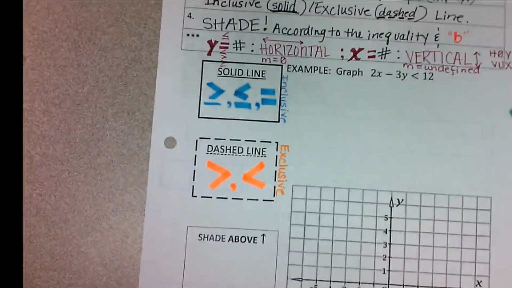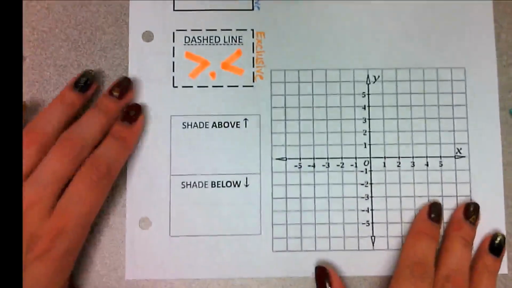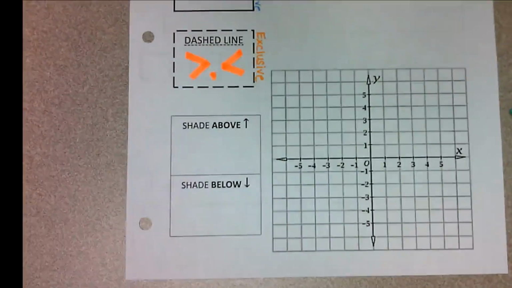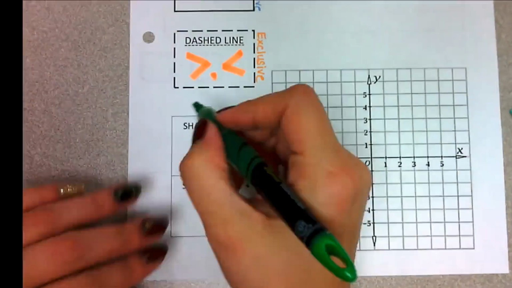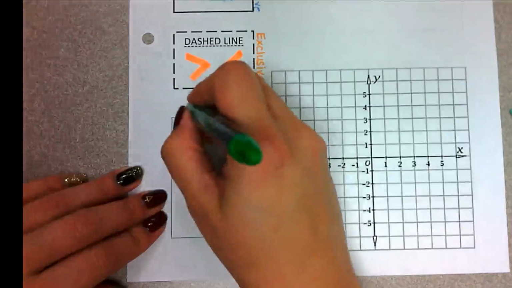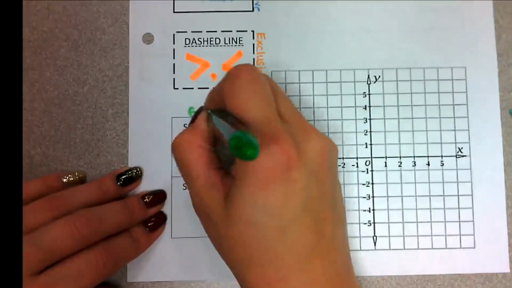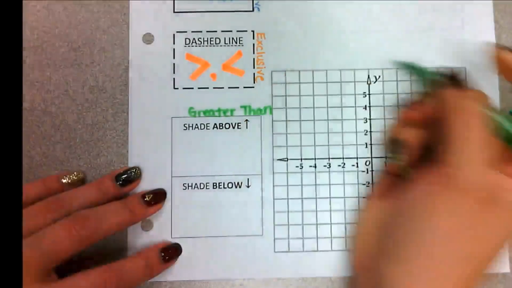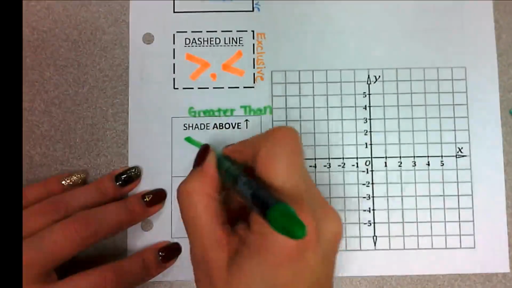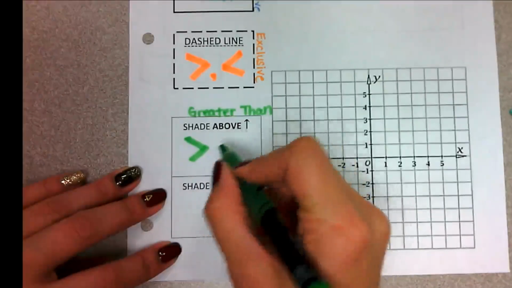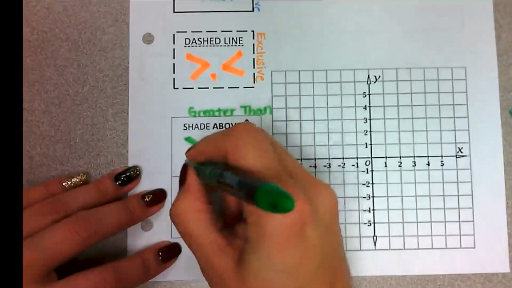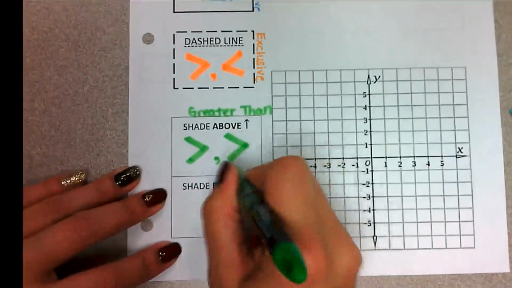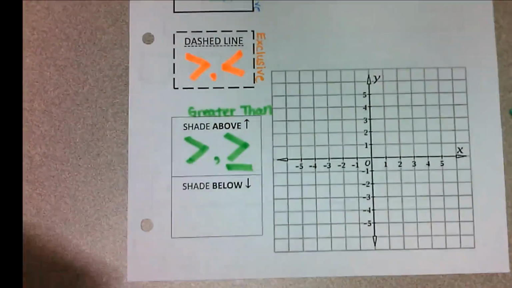All right. Now, shading. That one people tend to forget. So, you will shade above if it is a greater than. So that would be something like greater than, or greater than or equal to.